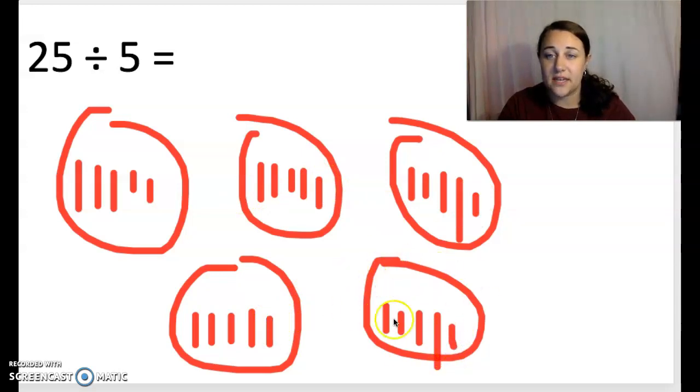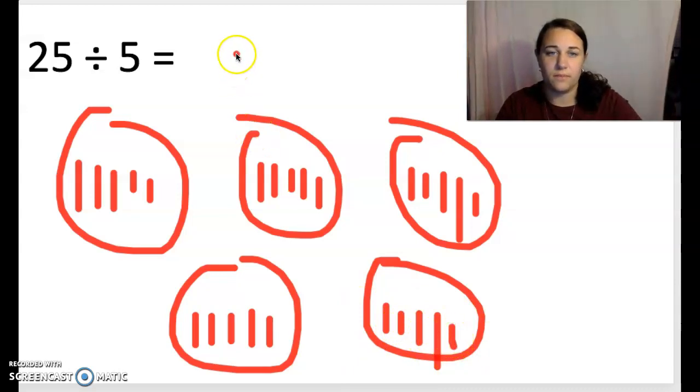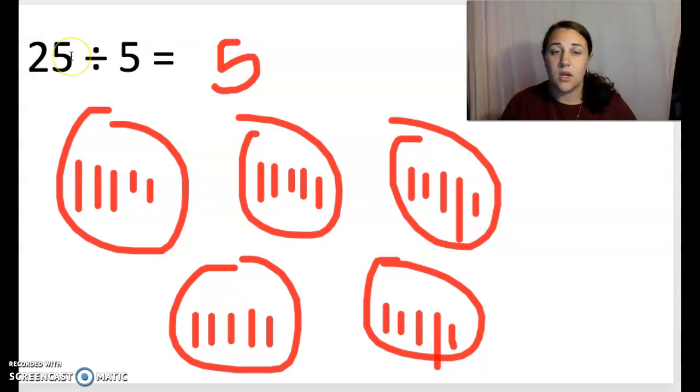Right, and I ended in my last group, so that means they're all equal. So now I can just count my last group. 1, 2, 3, 4, 5. So, again, friends, 25 divided by 5 equals 5.